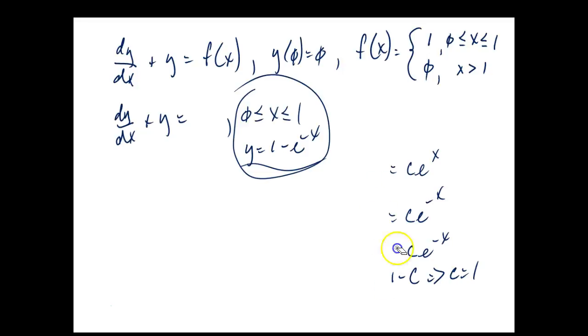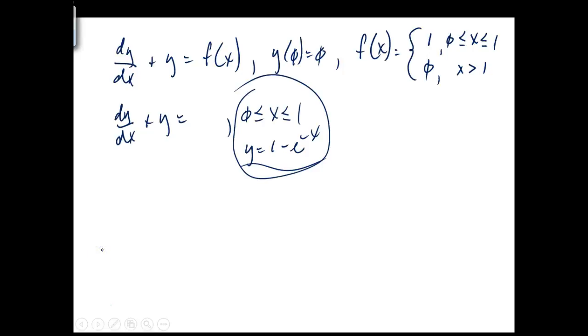Find what C is. Let me get this done. I know what I'm tempted to say, but I want to do the problem for the second one. This is equal to 0, and this is when x is greater than 1.